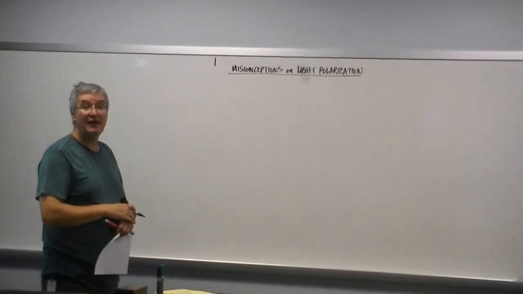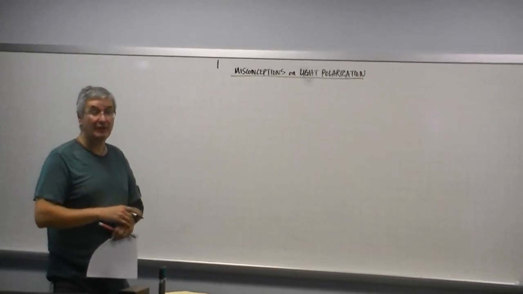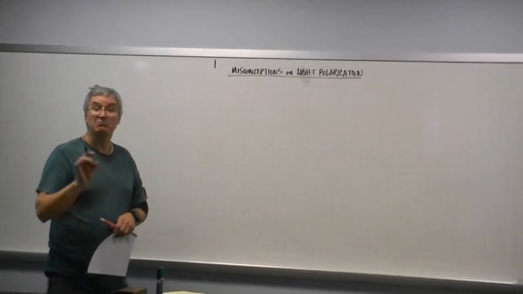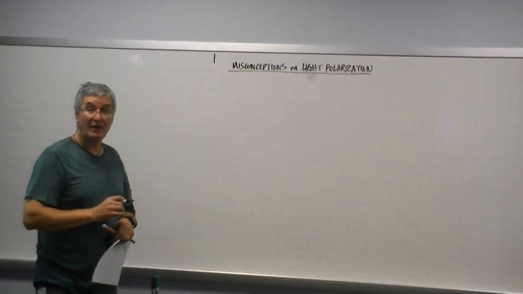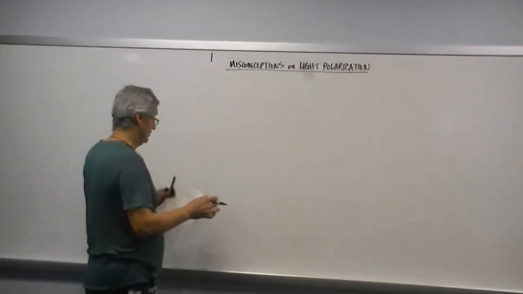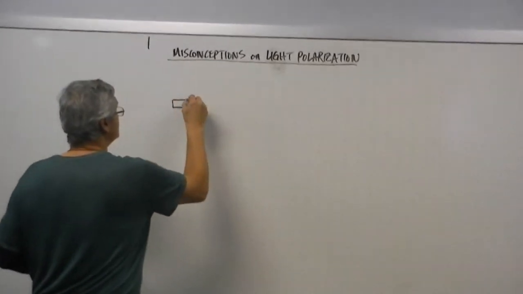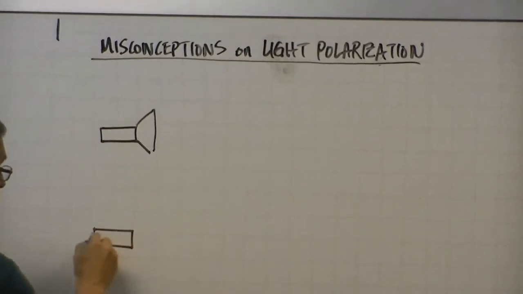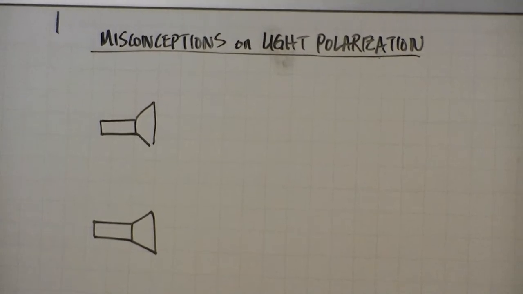What I want you to think about is that if I have an electromagnetic polarizer, let's say for microwaves, that polarizer essentially looks like a barbecue grill. It goes something like this. I need to produce a source of waves, and I'm going to look at two situations here. So what I have here is a microwave source.